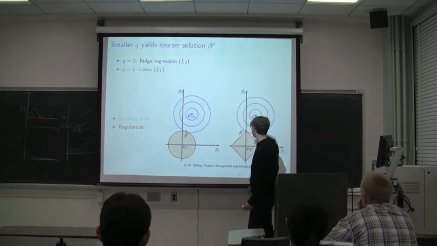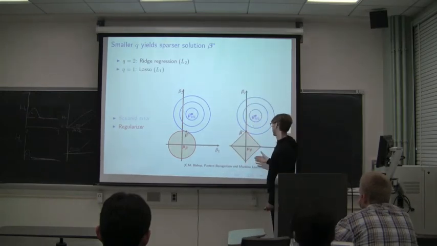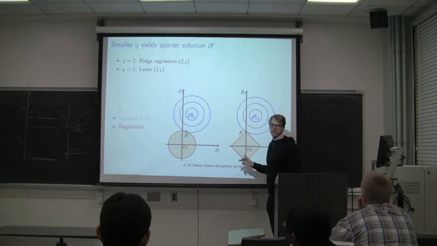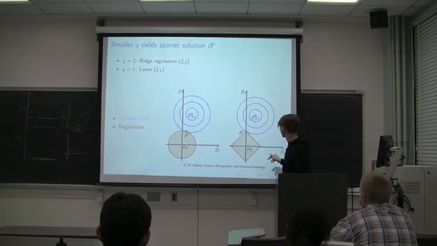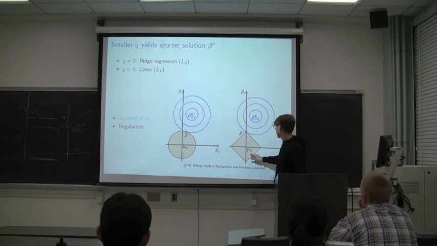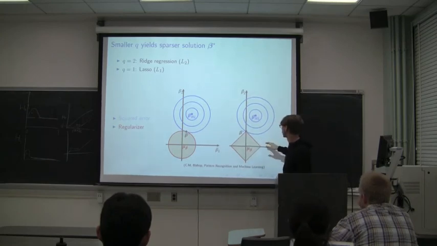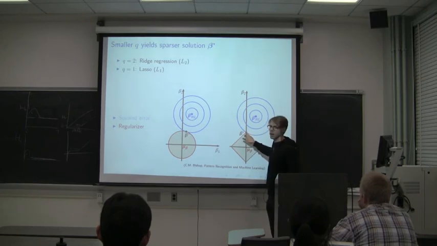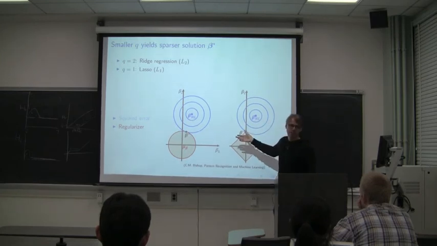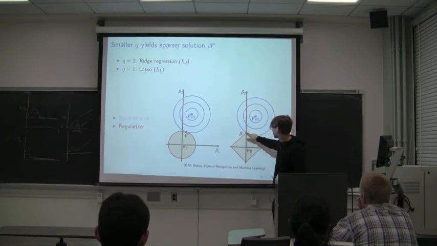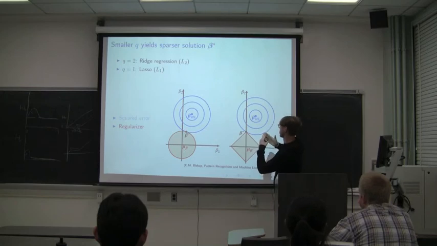Now, if we set the penalty to be the lasso, the sum of the absolute values, then we get this diamond here. This gives an idea why this diamond encourages sparse solutions, because many of these optima, because of this shape here, will fall on one of the axis lines.